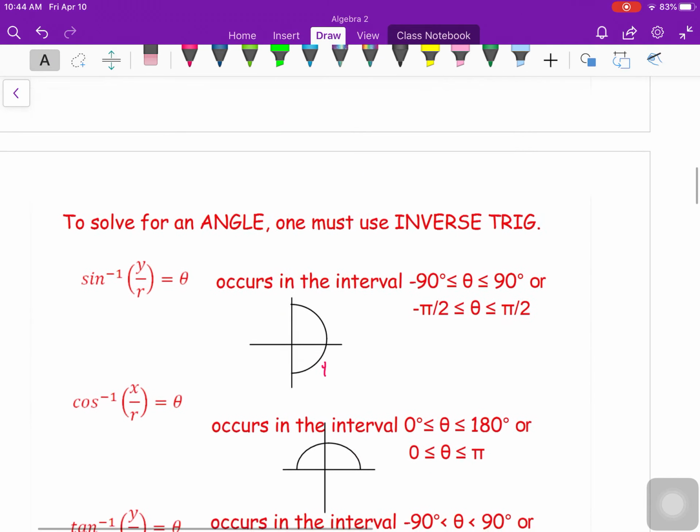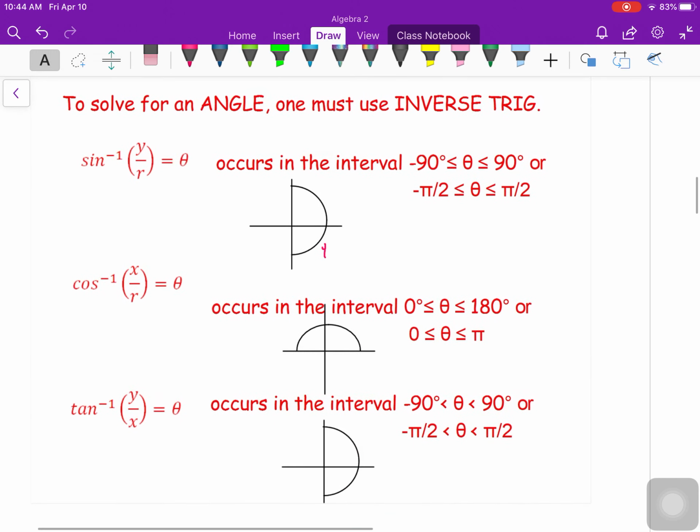So where we're going to use that is when we are solving for our angle again. So notice this first one says sine inverse of the ratio y over r. How I know it's sine inverse is because it is raised to the -1 power. Just like I used to write my inverses as f -1 of x.